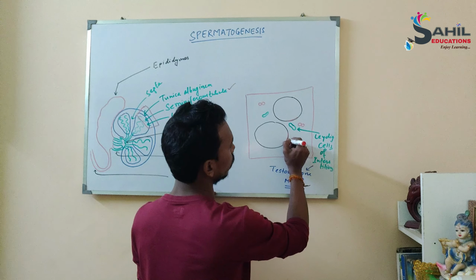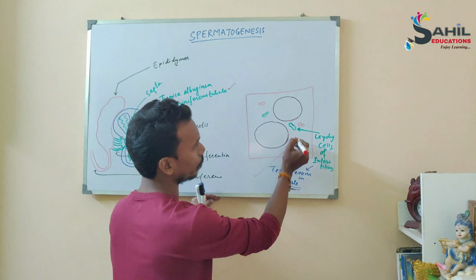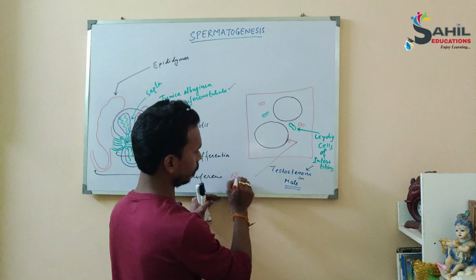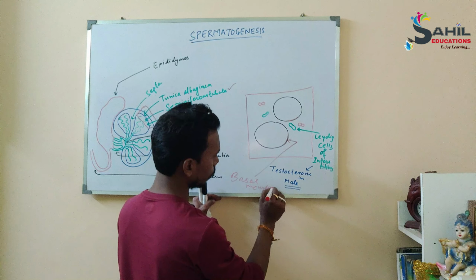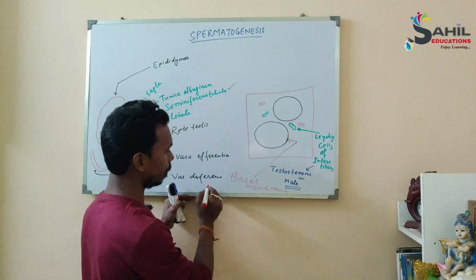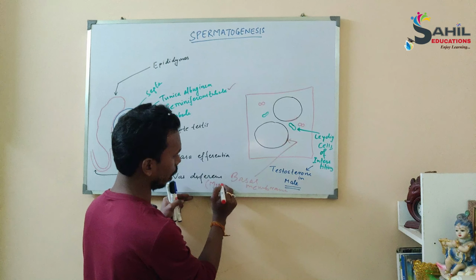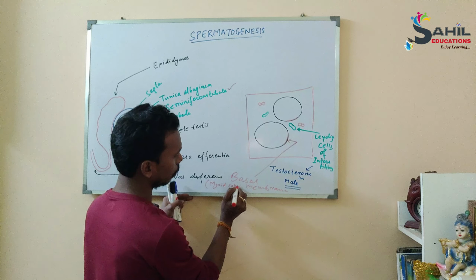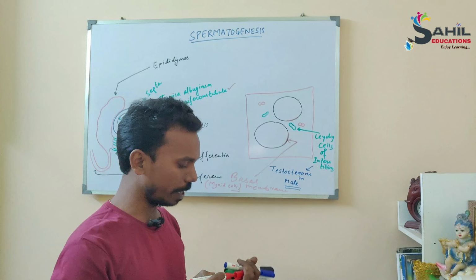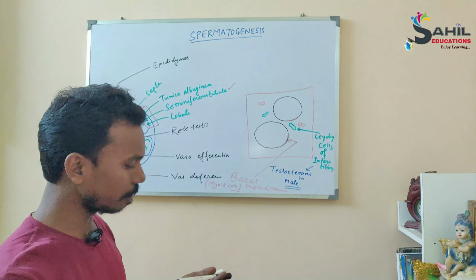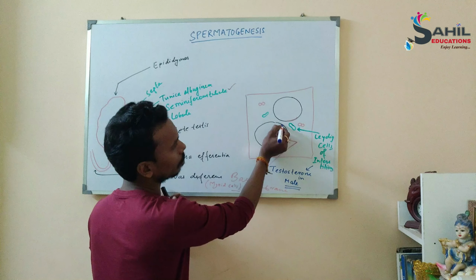The first layer which surrounds the seminiferous tubule is the basal membrane, and this membrane is formed of myoid cells. Myoid cells.